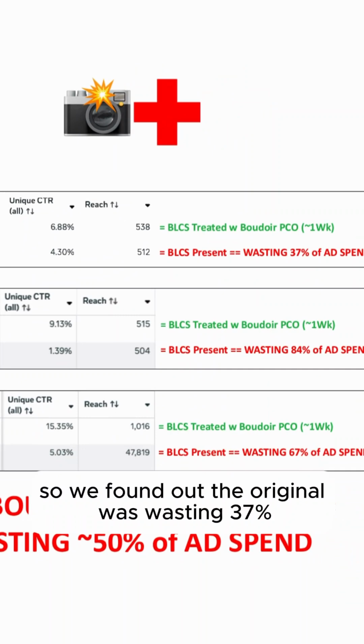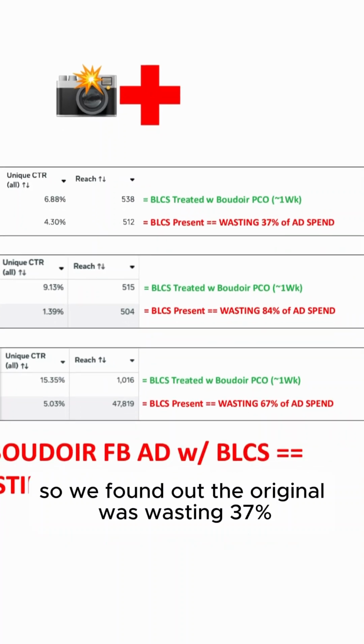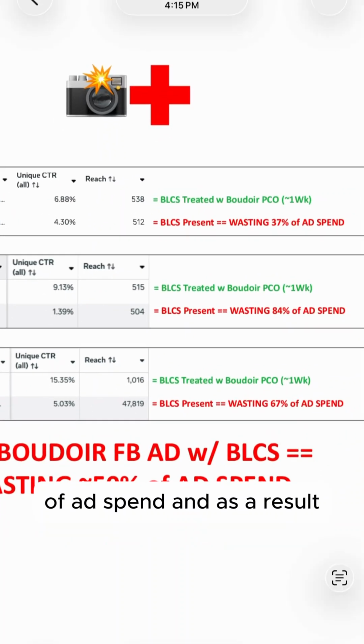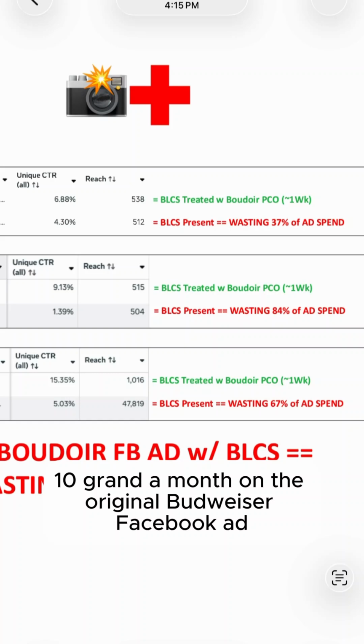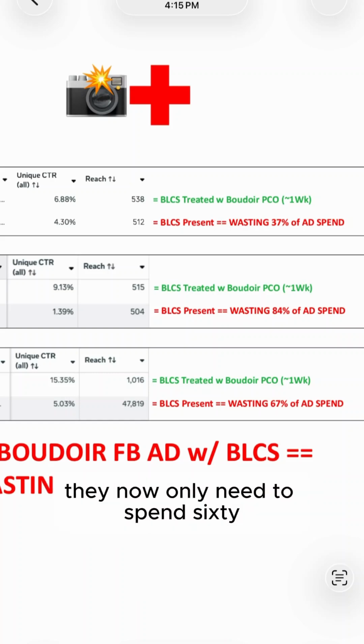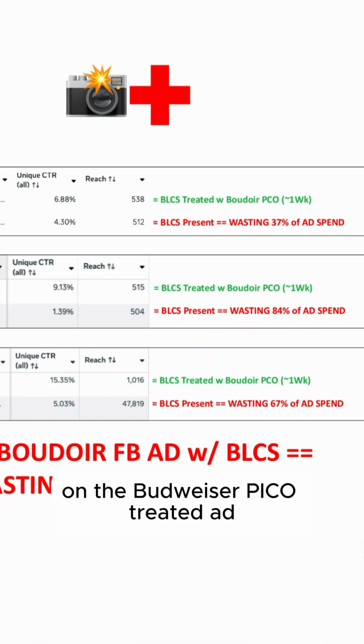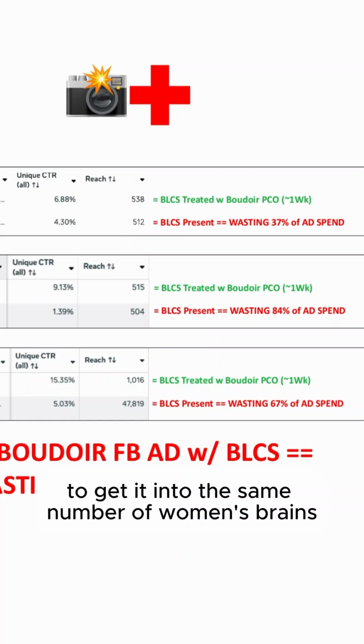Awesome. So we found out the original was wasting 37% of ad spend. And as a result, if you're spending 10 grand a month on the original Boudoir Facebook ad, they now only need to spend 6,300 bucks a month on the Boudoir Pico treated ad to get it into the same number of women's brains.